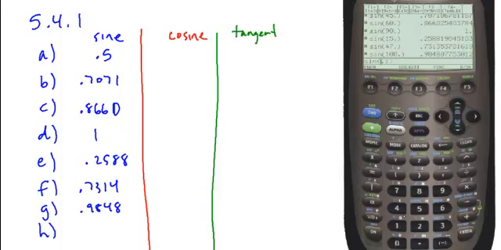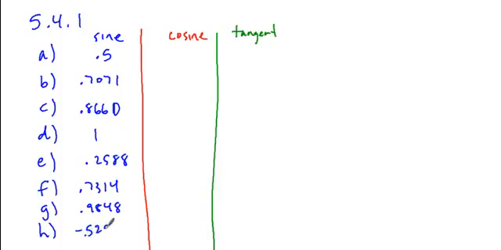And 212, negative 0.5299. So those are your sines.